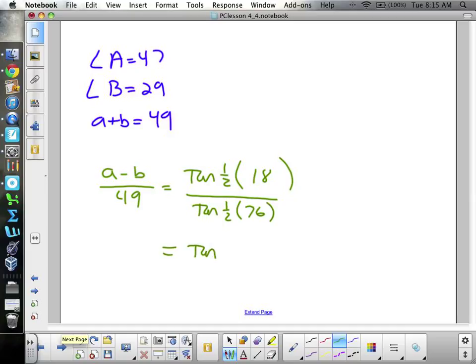So that's tangent of 9 over tangent of 38 equals a minus b over 49. So a little easier, actually.